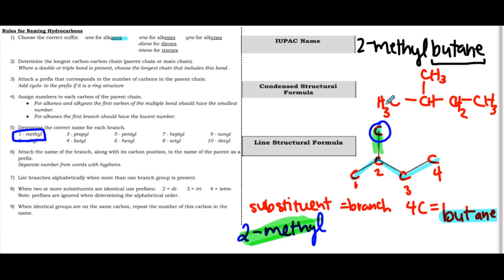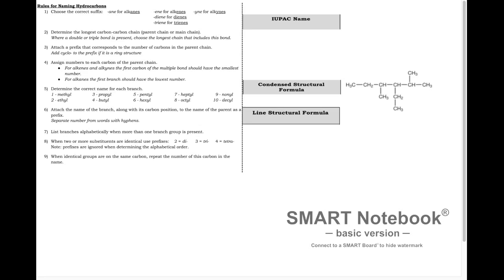So it becomes CH3, CH3, CH3 here, whereas carbon number 2 off of the main chain has 3 bonds, so it's just CH. Carbon number 3 has a CH2, and then, of course, carbon number 4 is CH3.